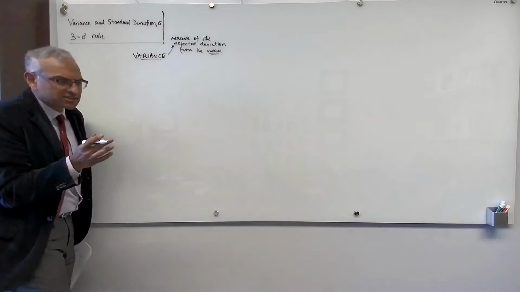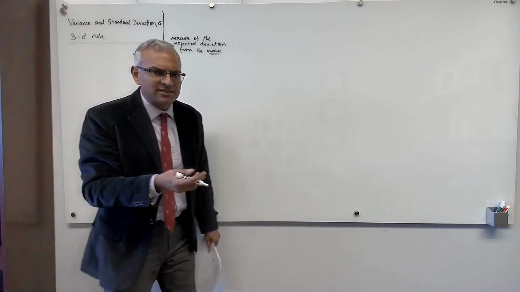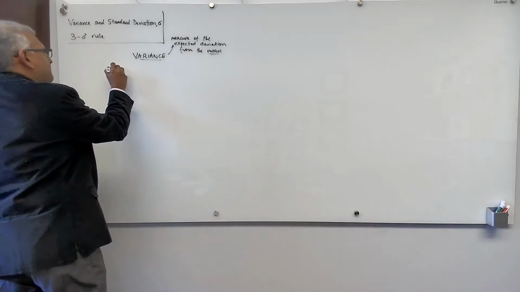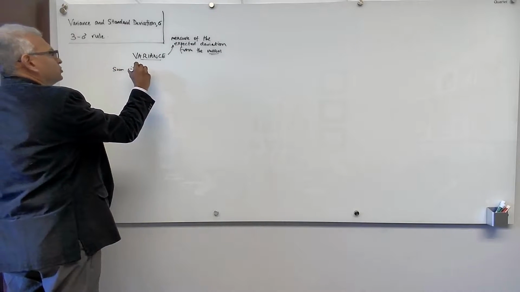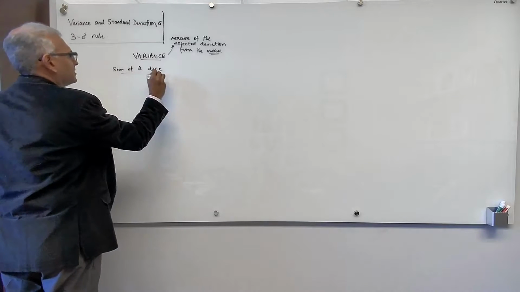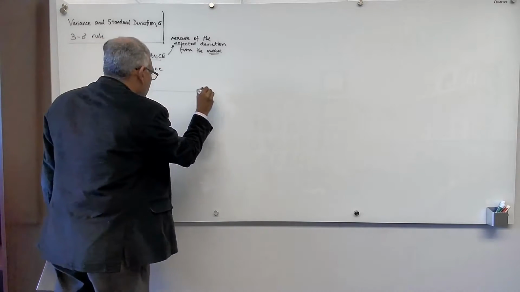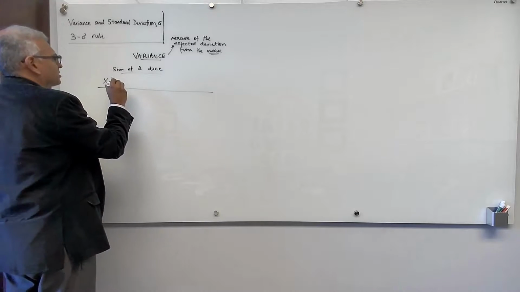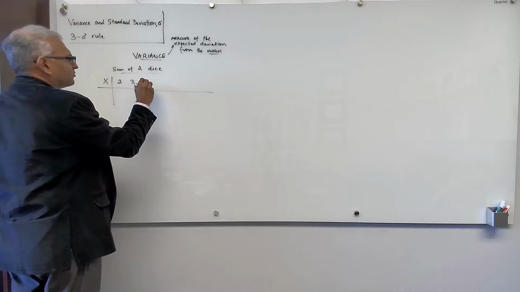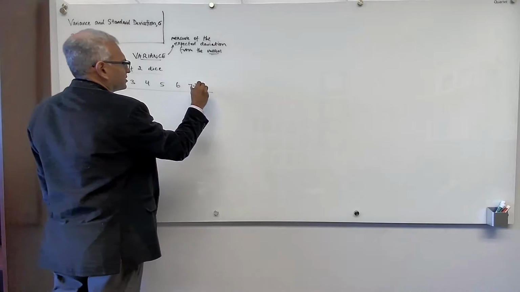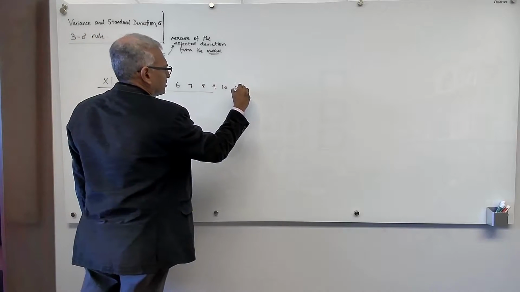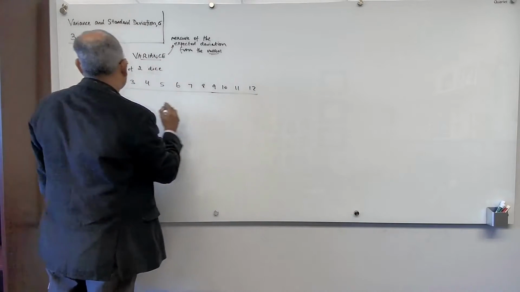Okay, so let's consider an experiment. Roll 2 dice and take the sum. So the random variable is the sum. What are the possible outcomes? The possible outcomes are 2, 3, 4, 5, 6, 7, 8, 9, 10, 11, 12. And what are the probabilities?